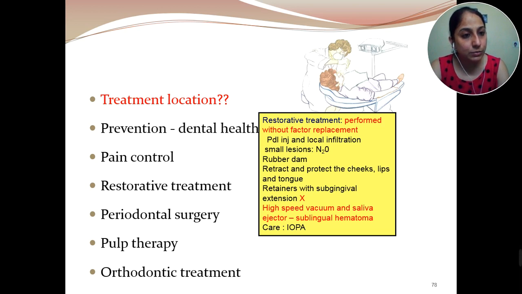So in these patients, even while pulling the cotton roll, the mucous membrane that is pulled might lead to severe bleeding, and hence we do not want the bleeding to exaggerate in these situations. And thus what can be done is you can wet the cotton rolls and then slowly remove them. Care should be taken while placing the X-rays because the sharp edges of the IOPs might also cause bleeding.